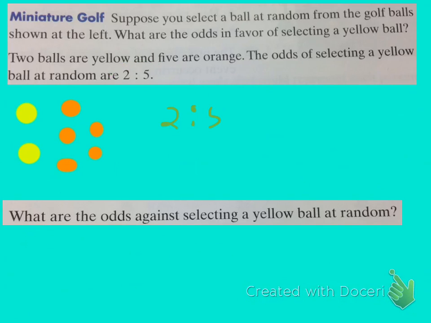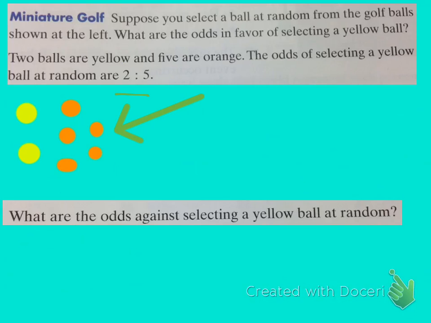Let me show you another example. This one kind of already answers the question for us. It says, suppose you select a ball at random from the golf balls shown at the left. These are golf balls. Don't make fun of them. What are the odds in favor of selecting yellow?